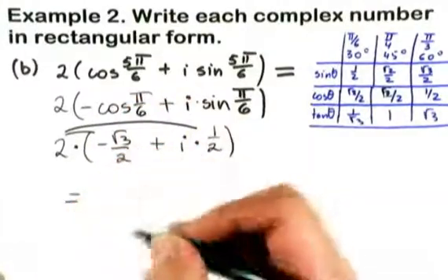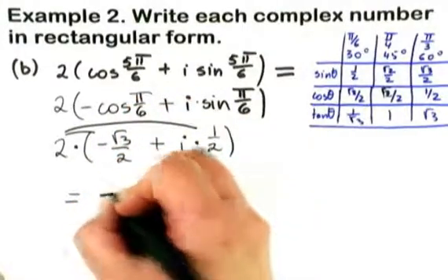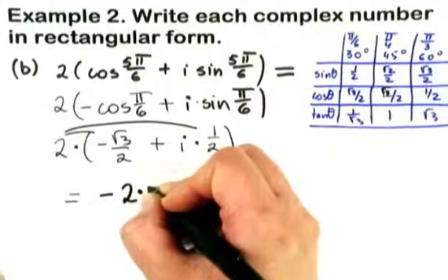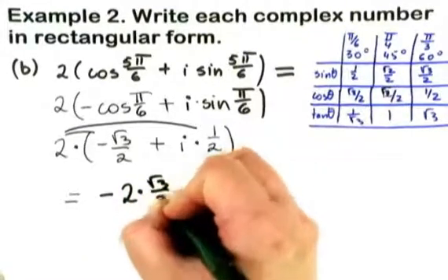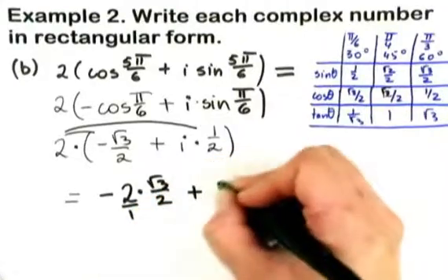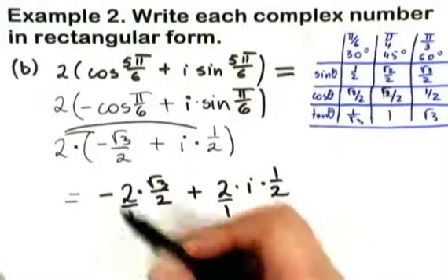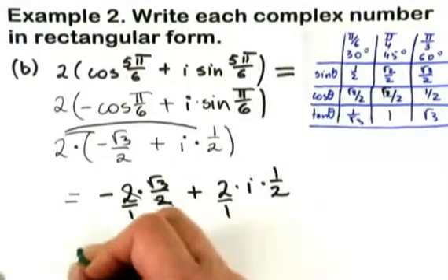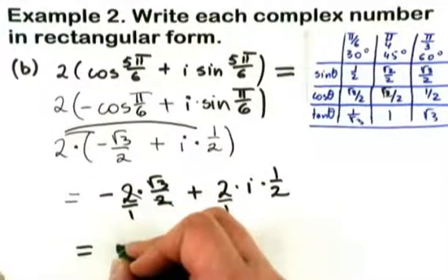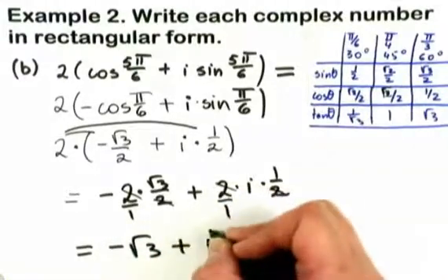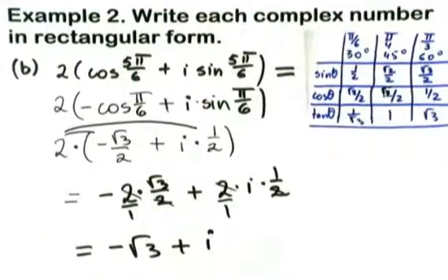This is equal to negative 2 times root 3 over 2, which is like over 1, plus 2 times i times 1/2. This is over 1. The 2 and 2 cancel out, so this is equal to negative root 3, and the 2 and 2 cancel out, plus i. That's the rectangular form of this complex number.